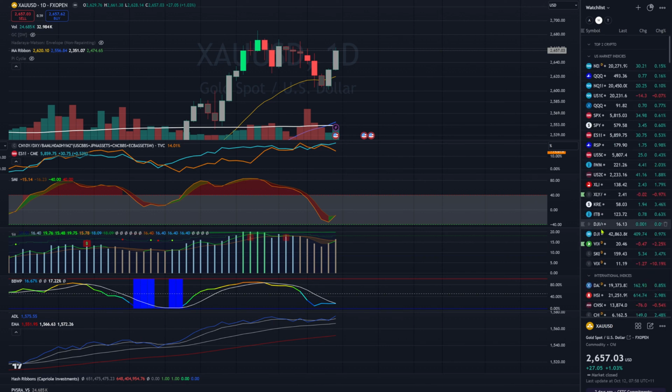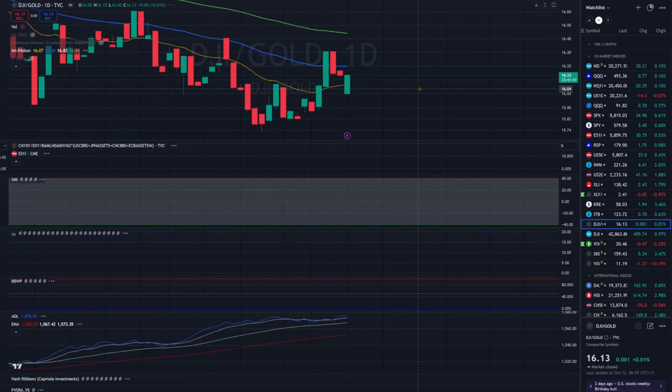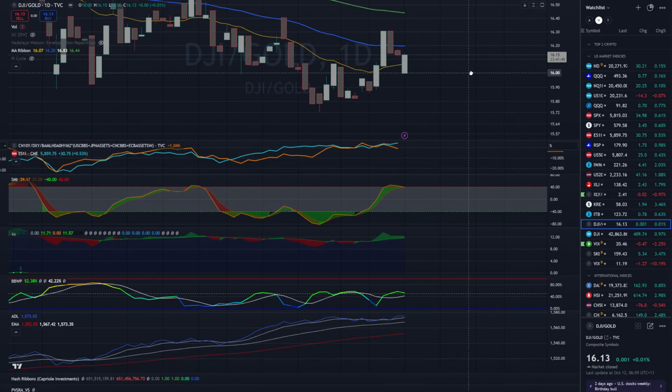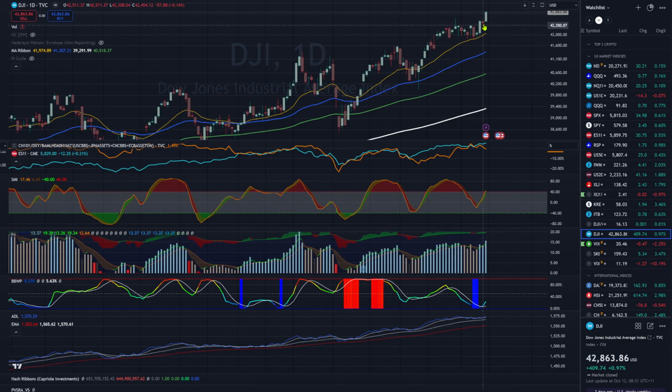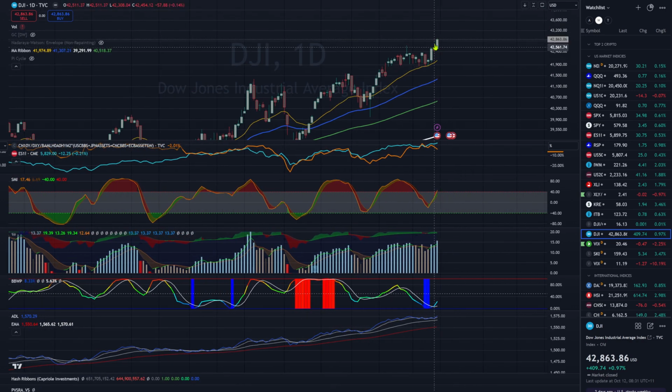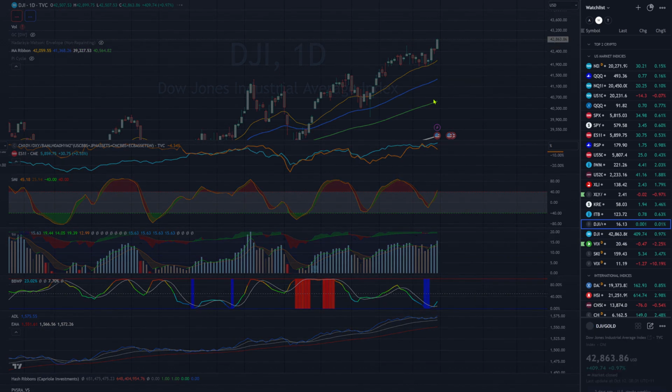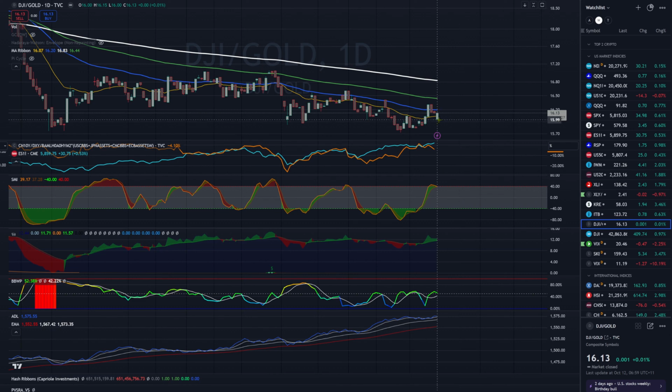In which case, this indicator is going to be interesting because DJI is traveling pretty well as well. So it had a good day, just not as good as gold. Okay. Hence why this one dropped.